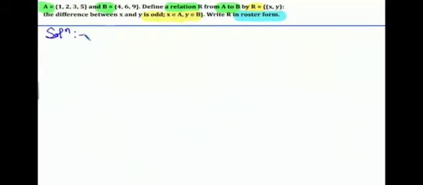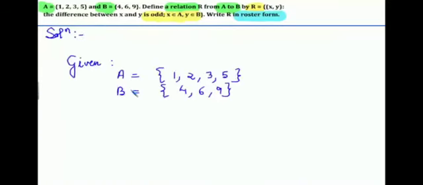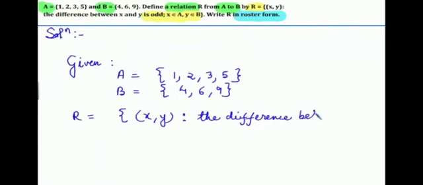So in short, in this question we have to just find the relation, और यहाँ पे आपको x belongs to A and y belongs to B, where A is equal to 1, 2, 3, 5 and B is equal to 4, 6, 9. A is our first set and B is our second set. So we have to find the relation from A to B. The difference between x and y is odd, so difference is not a subtract, right? So here difference, that means 1 और 3 के बीच में कितना डिफरेंस होगा, तो आप कहोगे कि 2, not -2. 3 और 1 के बीच में भी डिफरेंस 2, right?